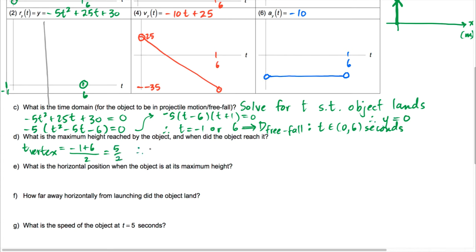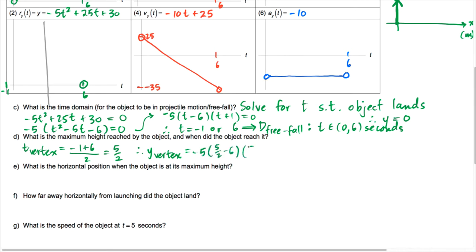and therefore the y-coordinate of the vertex, or the maximum height on this parabola, is going to be the function value, substituting in 5 over 2 for time. You can plug into the expanded function form, or I like to substitute into the factored form, which gave me the time intercepts.